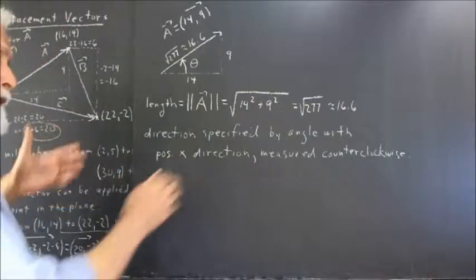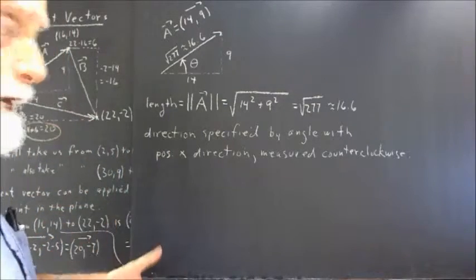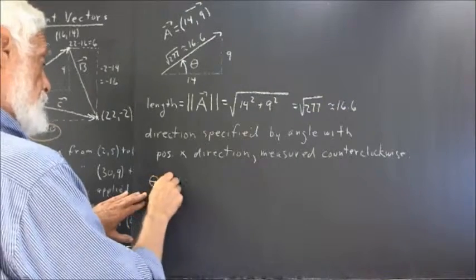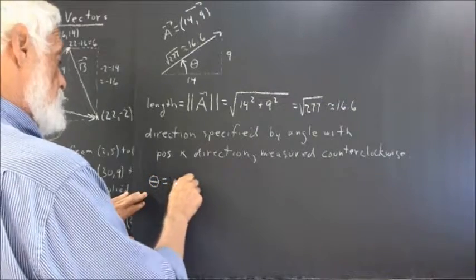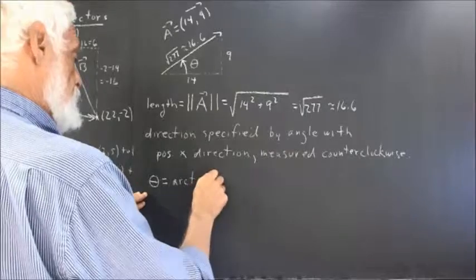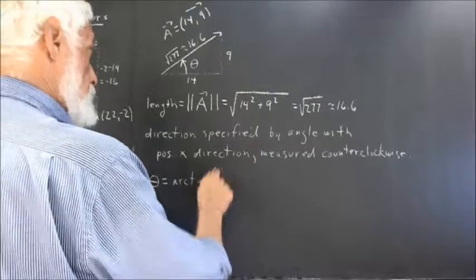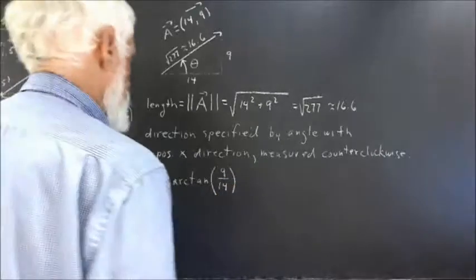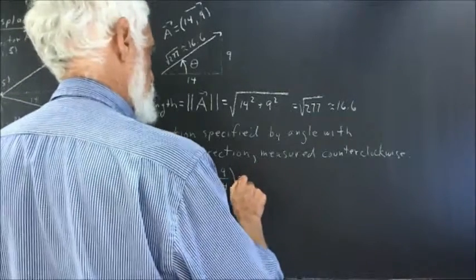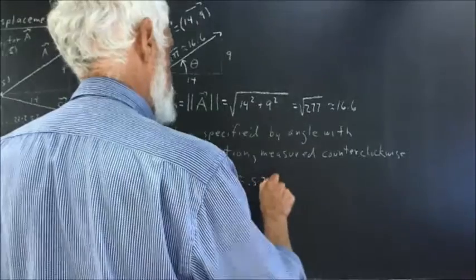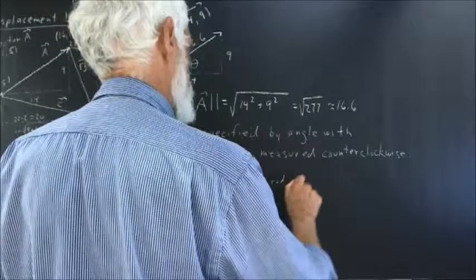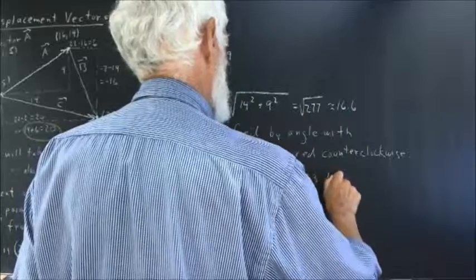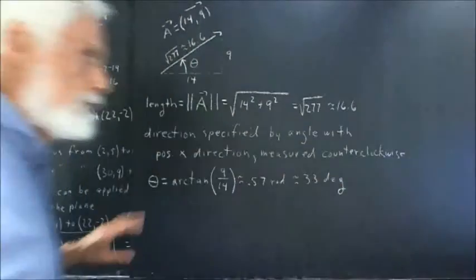So using knowledge of trigonometry, and everybody should know the trigonometry, in this case the angle theta is the arctangent of 9 over 14, and it's approximately 0.57 radians, and that's approximately 33 degrees.